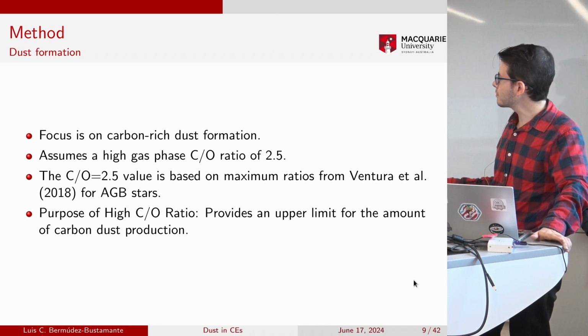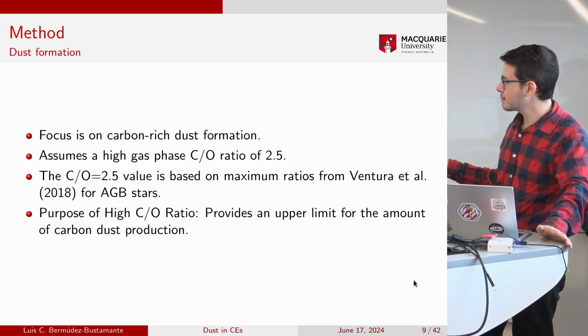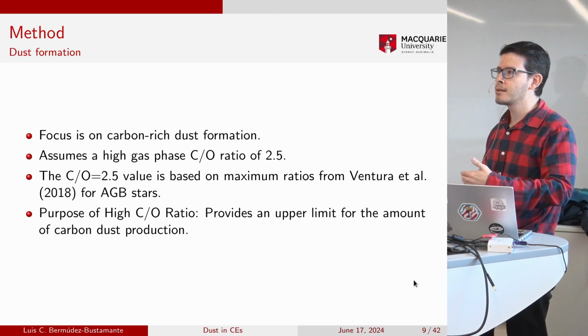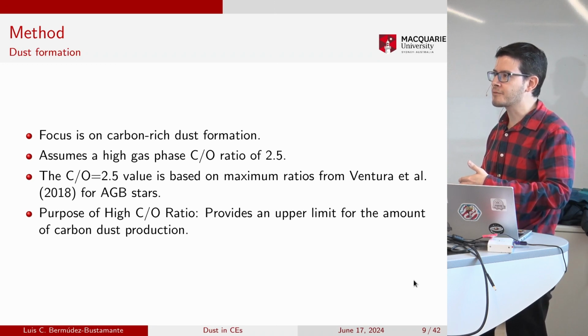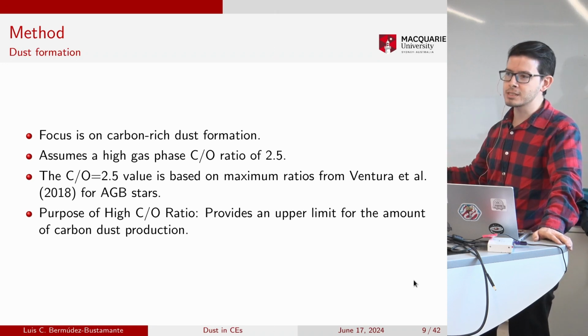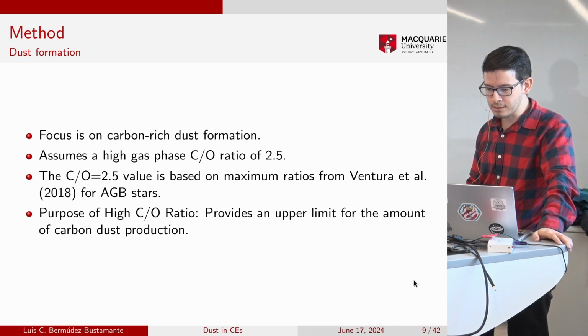This is high, of course, but it's based on some observations made by Ventura et al. in 2018. So this is a maximum, but it's a feasible maximum. And the purpose is to provide an upper limit of how much carbon dust can be formed.